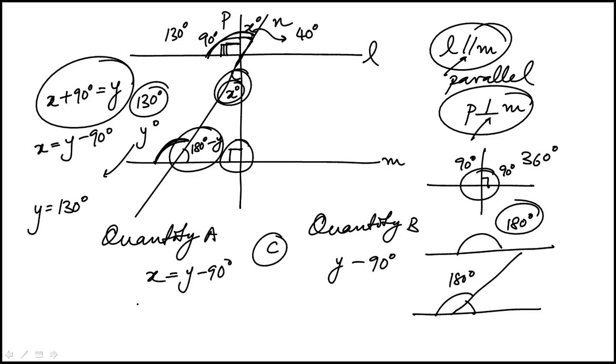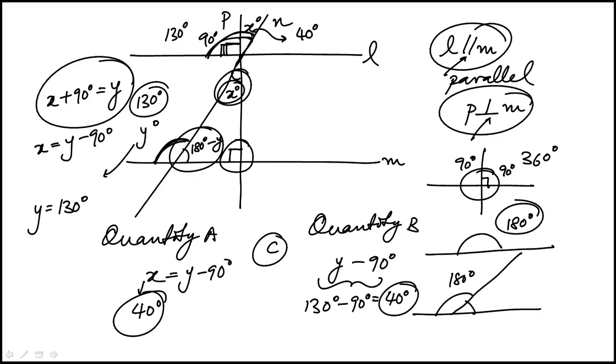So what you then do is you replace those values here, X is 40, and then you plug in Y here, 130 minus 90, and you get 40. So the only difference is you're not using algebra, you're using particular values. So you should be open to trying them in both ways. If you're not very comfortable with algebra, then your only choice is to use numbers.